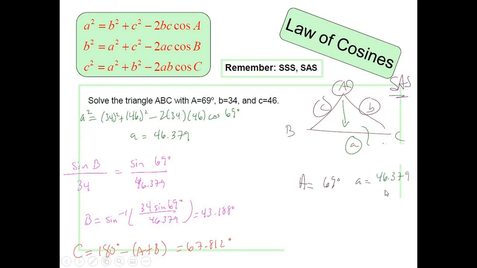So we know what angle A is, we know what side A is, we know angle B, we know side B, we know angle C, side C. And A is the largest angle, side A is the largest side by just a little bit, and B is the smallest angle and smallest side. So again, you can come back to this or take a screenshot if you need to.